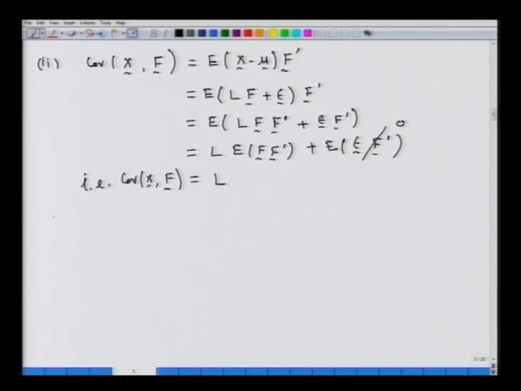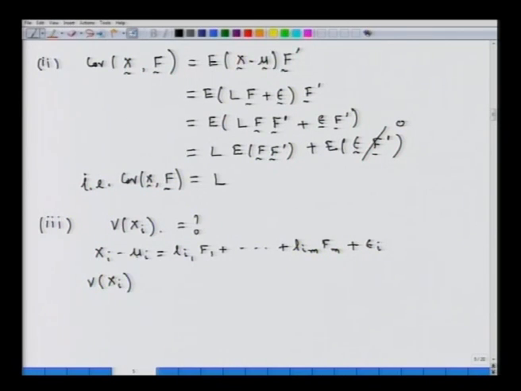Now, the third point that we can make note of is: what is the variance of xi? Before we write the expression for the variance of xi, we may recall that this xi minus mu i term was equal to Li1 into f1, plus and so on, plus Lim times the mth factor fm, plus epsilon i. So when we are looking at the variance of xi, it is basically the variance of this particular term.